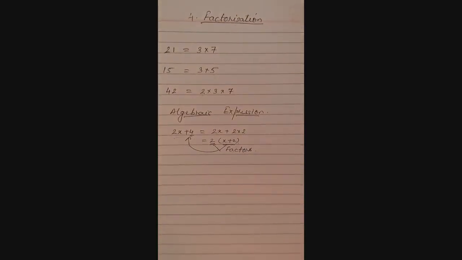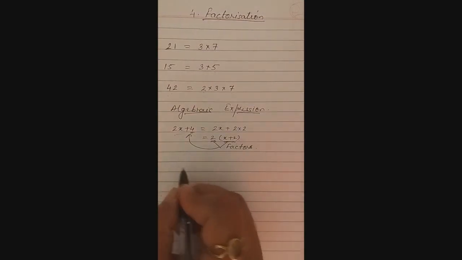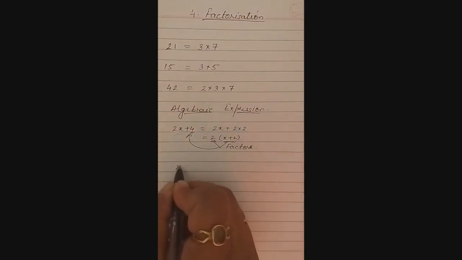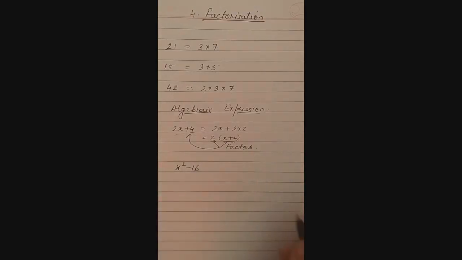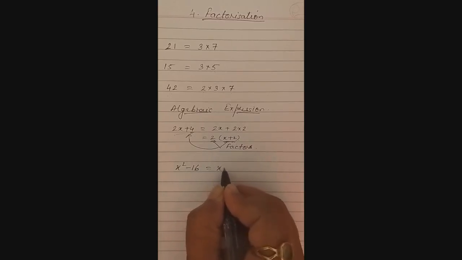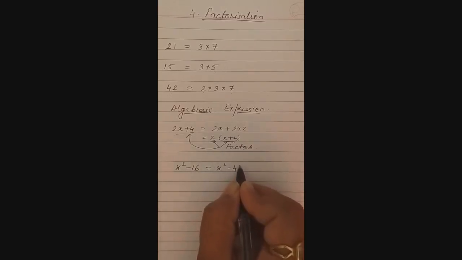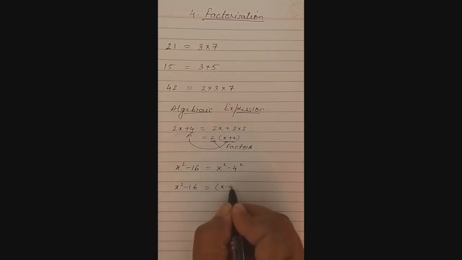Let's take a few more examples. Suppose I ask you to factorize x square minus 16. I can write this as x square minus 4 square. So the factors of this expression are x minus 4 and x plus 4.